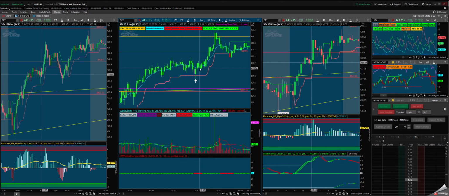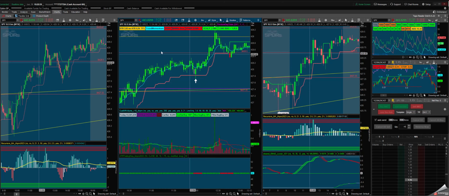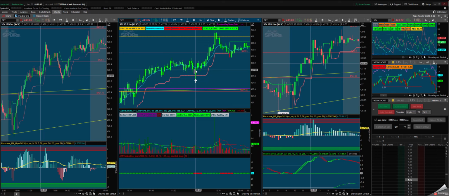What you can do now is you can re-enter upon break above the 9 EMA. Like I said, we're in bullish context, and now all I want is a sign of strength. I want a good reason to get in, and that's what the 9 EMA will tell you. Wait for a good close above.